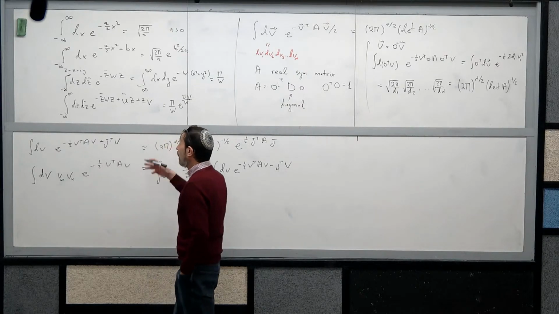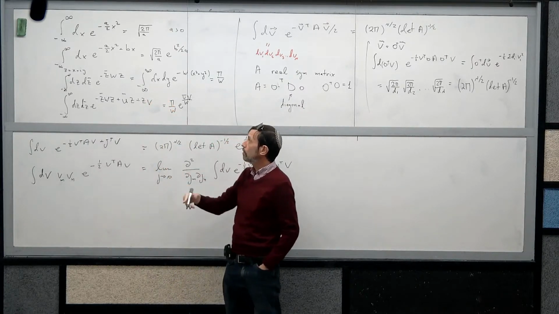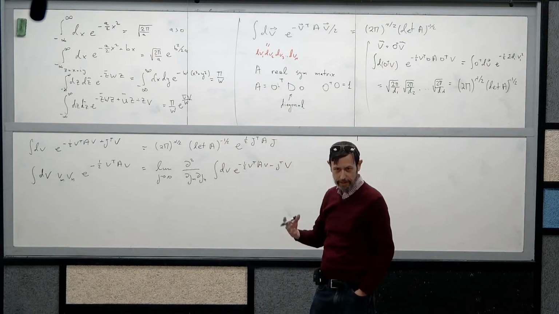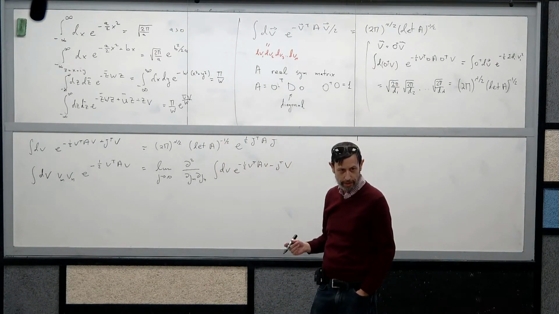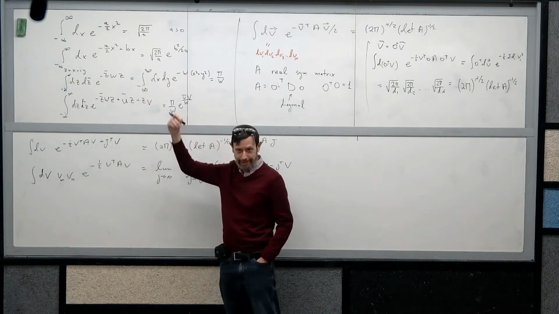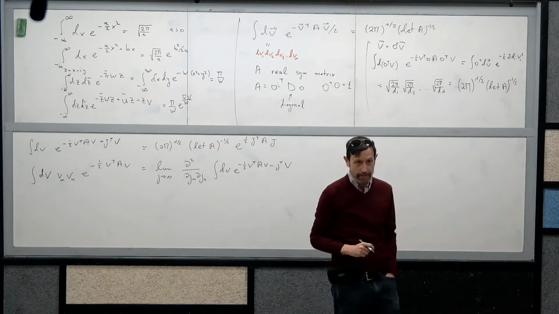To remind you, everywhere here, if I want to do dx times x, e to the power minus ax squared over 2, I can do a derivative according to b here, move it down, and go and get the result.